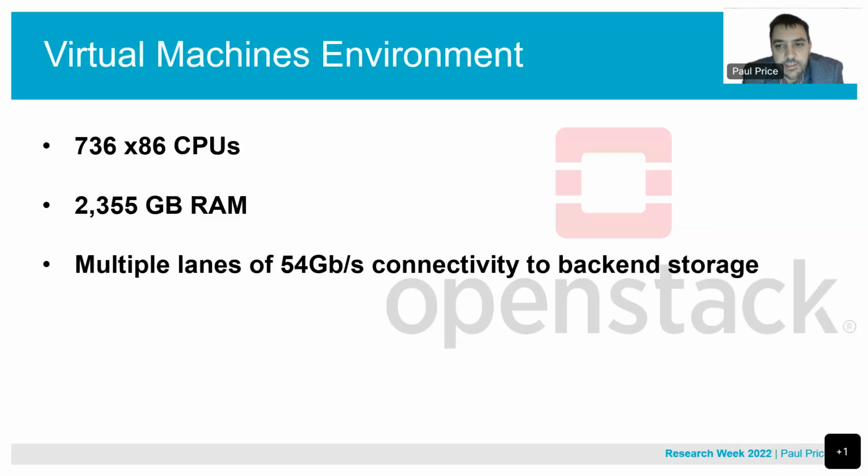and the connectivity back to the enterprise storage. So all the hard drives for the virtual machines are stored on the enterprise storage, and our connectivity is multiple lane 54 gigabit connectivity. Just to give an idea why that's important, standard high-speed Ethernet would be 1 gigabit.